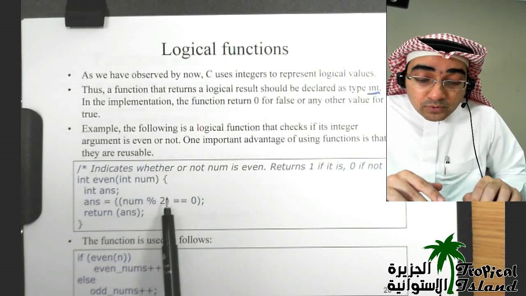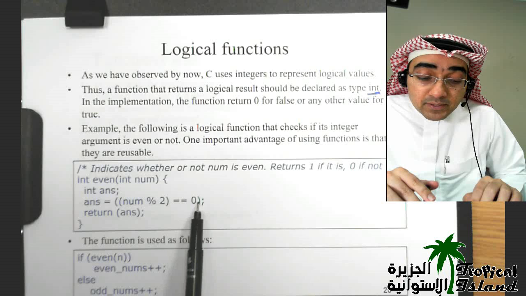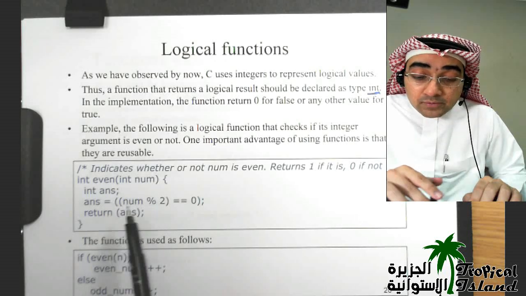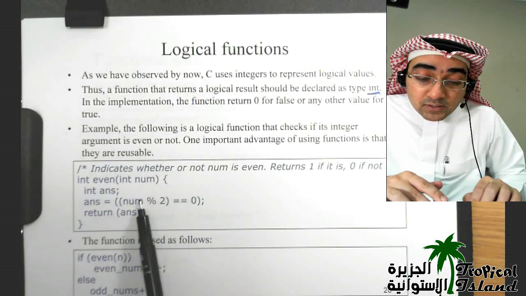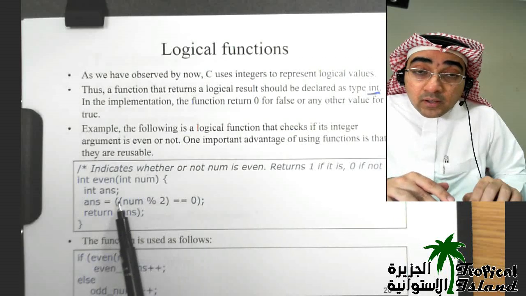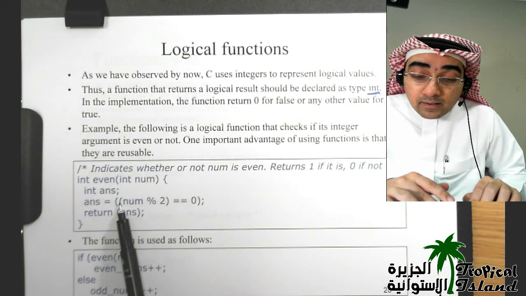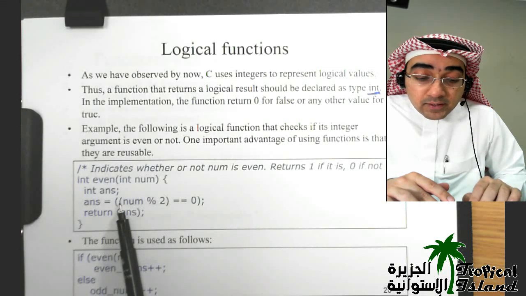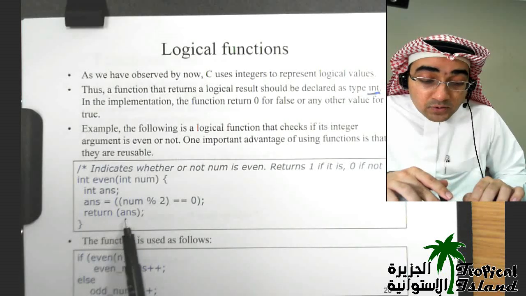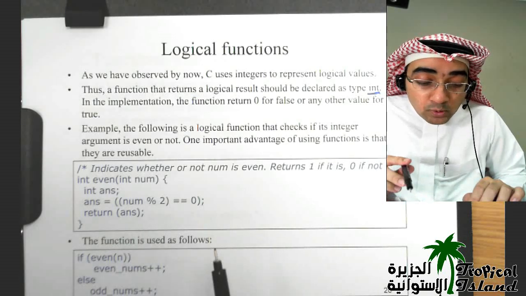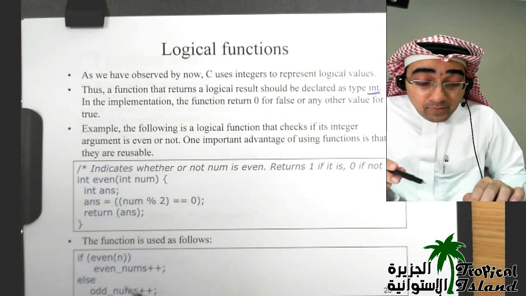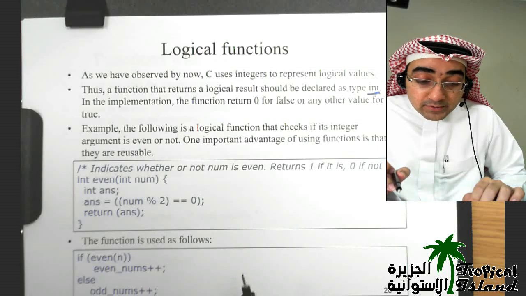So you take the modulus of 2 of num. If this equals 0, that means it's an even number. This will return a 1 if num was even, or return 0 if it was not, and then you return the answer so you know whether it is an even or an odd number.